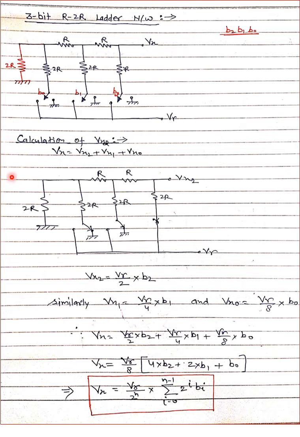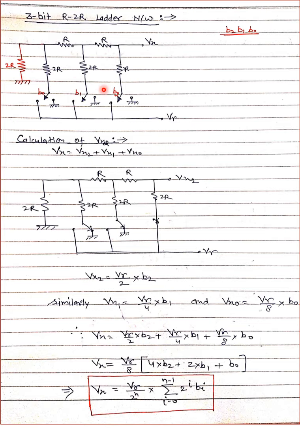So here is an example showing a 3-bit R2R ladder. This is the circuitry. Vx is the output analog voltage, Vr is the reference voltage, B0, B1, B2 are the binary input signals, where this configuration R2R, R2R, R2R, R2R makes the ladder.